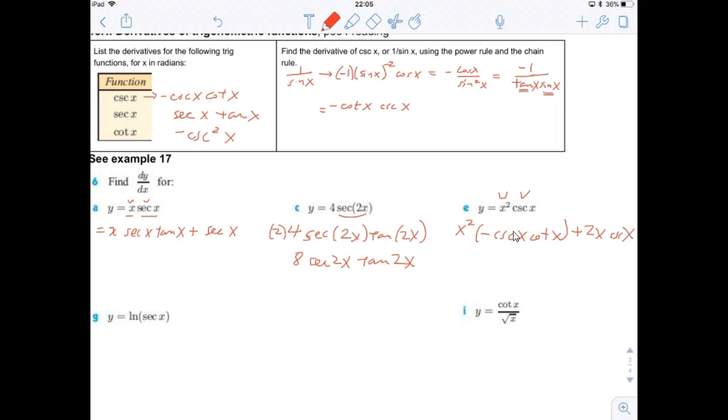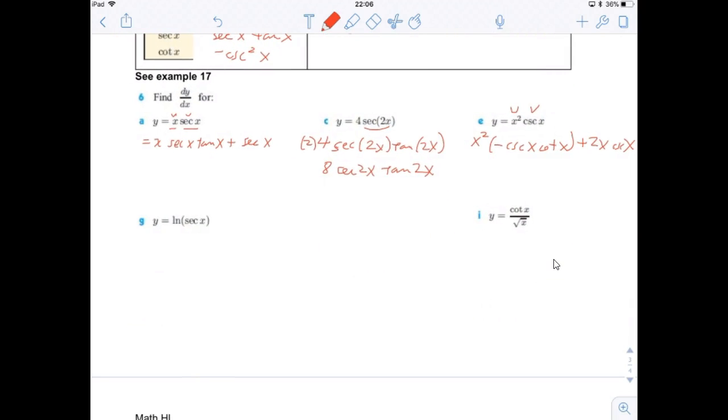Okay. In the book's answer, they factored out cosecant and x and then left the remaining terms inside, but you don't have to do that.